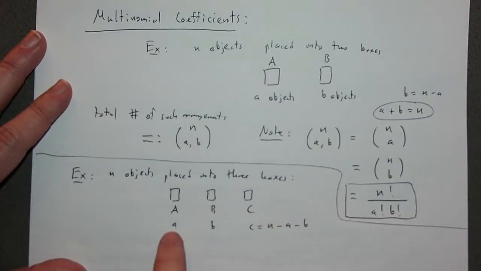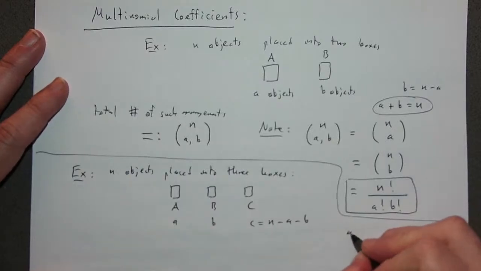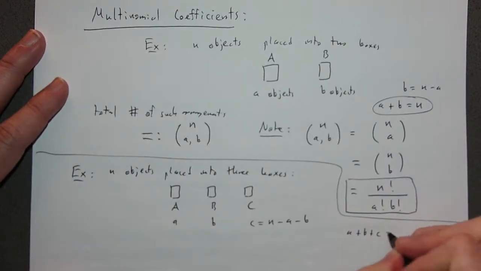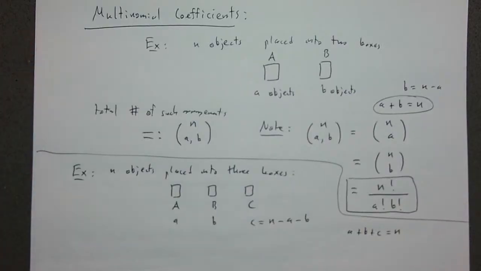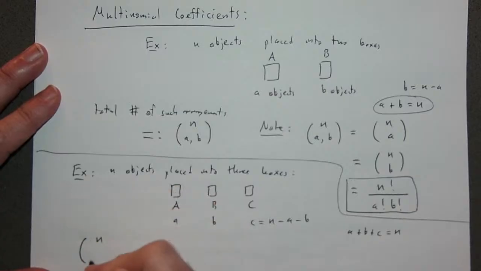If I know how many I'm putting in box A and box B, then how many I'm putting in box C is fixed. Of course, A plus B plus C is equal to n here. And I could ask for the total number of such arrangements, which I would compute using this symbol.